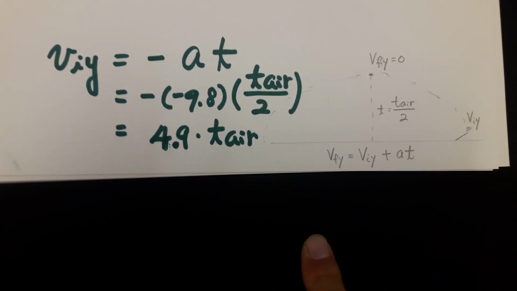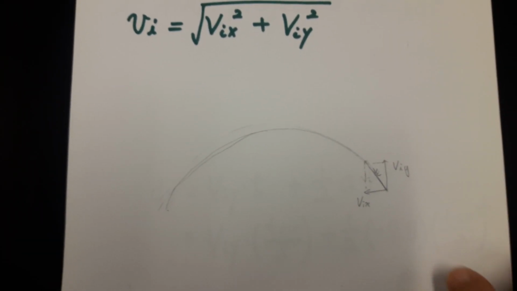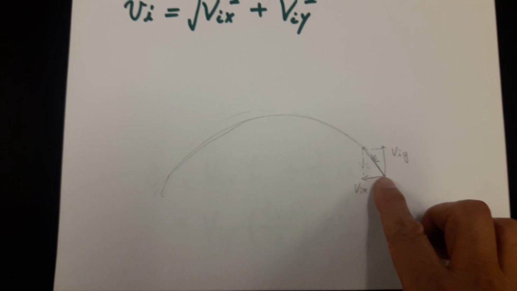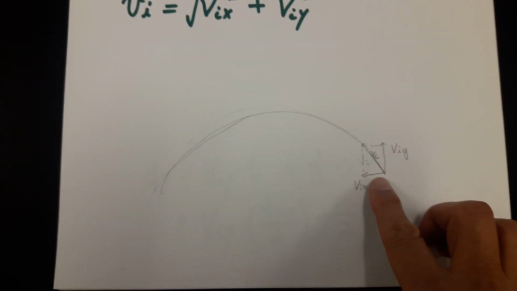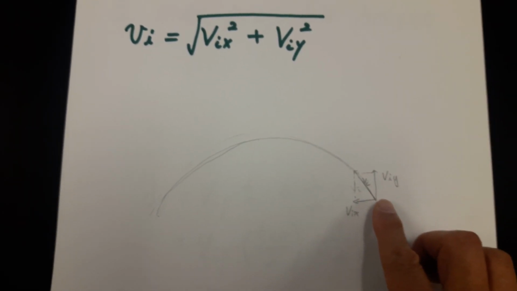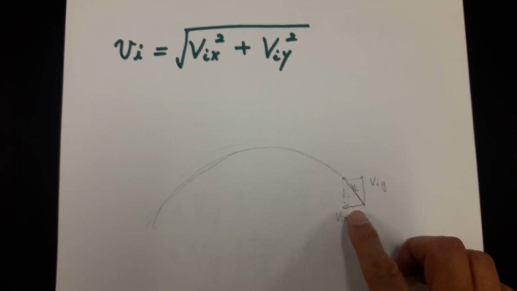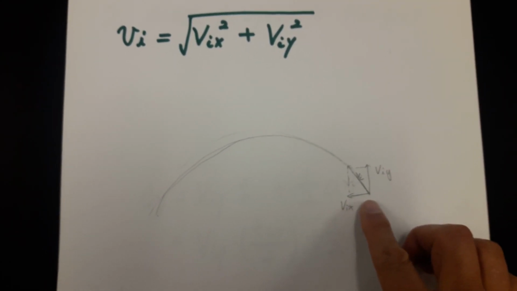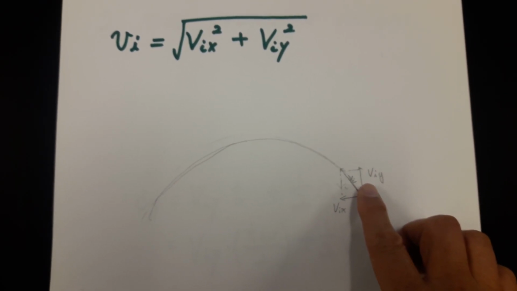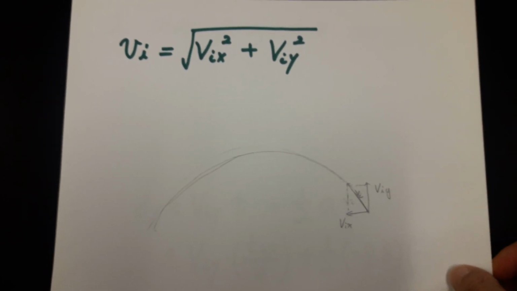Then y component of launch velocity is 4.9 times air time. Okay, so now launch velocity is actually the resultant vector of horizontal component and vertical component. So you have to use Pythagorean theorem to find out launch velocity, which is Vix squared plus Viy squared, and then you take a square root. Then you can find launch velocity.